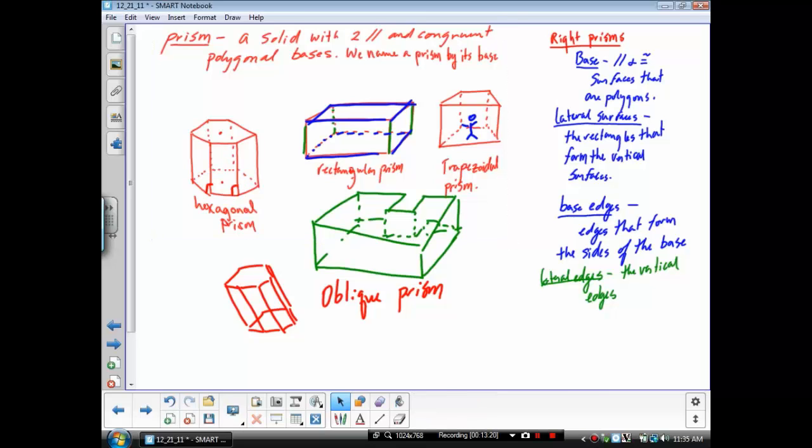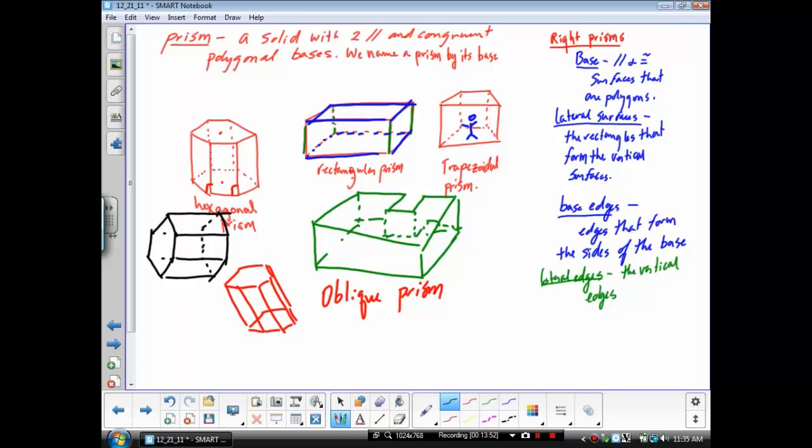But you can picture this figure right here, quickly redrawing it, as being tipped on its side. And when you do that, you still have this base as a hexagon, because your bases have to be parallel and congruent. Your lateral surfaces are always going to be rectangles.